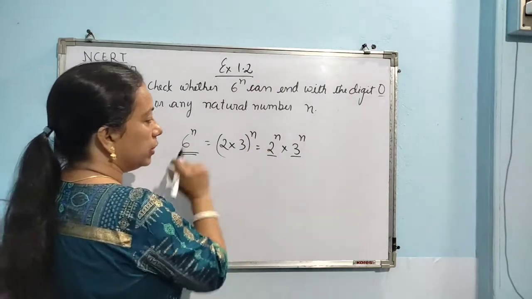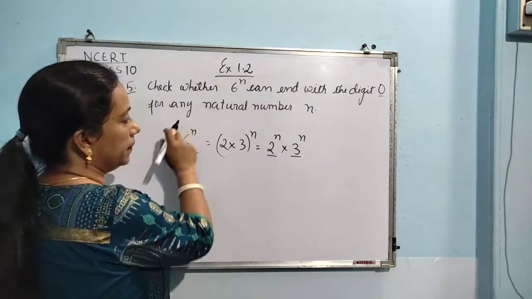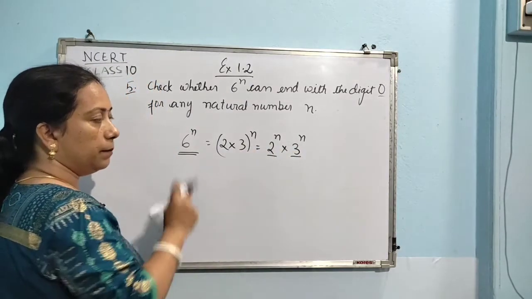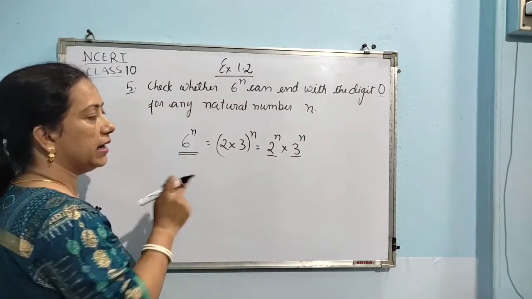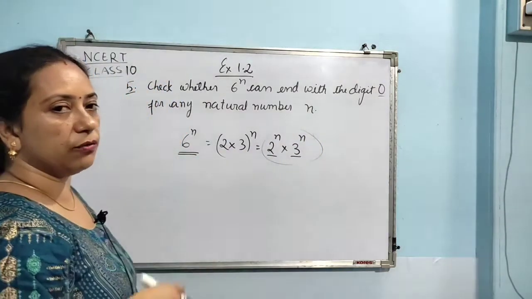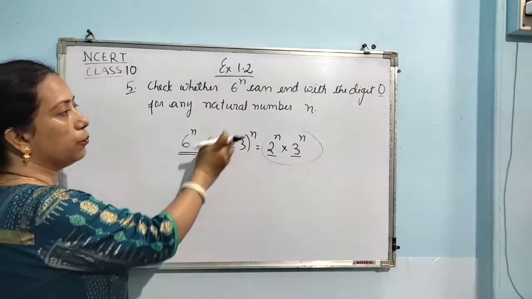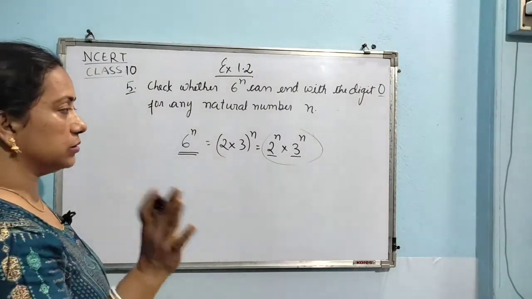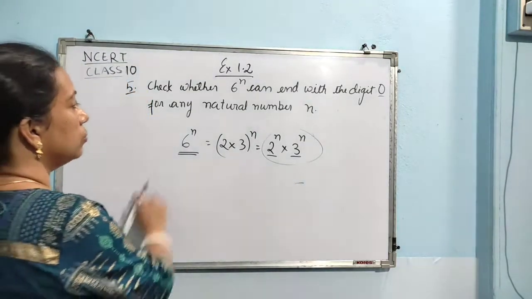So by the uniqueness of the fundamental theorem of arithmetic, we can say that this particular number does not have any prime factor other than 2 or 3. But if it were a number ending in 0, it should definitely have 5 as one of its factors. But in this case, none of the factors is 5. So ultimately we can say that its units digit will never be 0. Clear? So how to write that one?